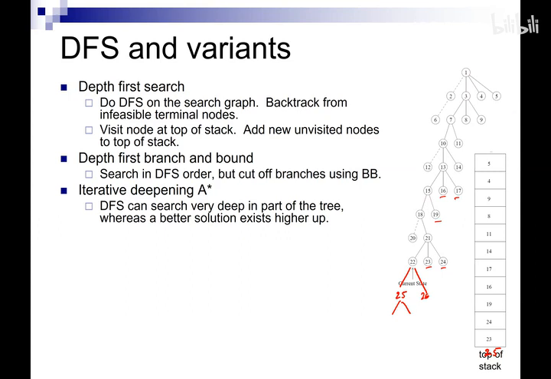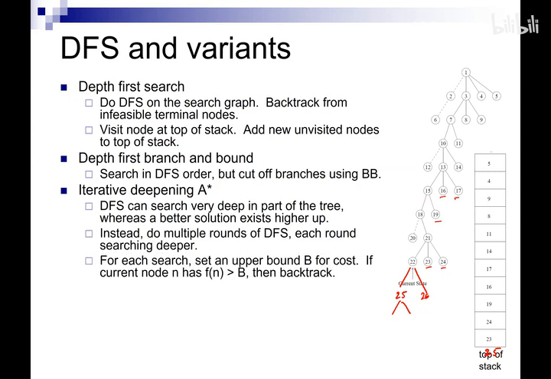It's possible that a good solution exists near the top of the tree. This depends on the problem, of course, but in some cases you have good solutions near the top, and DFS is not going to find them.